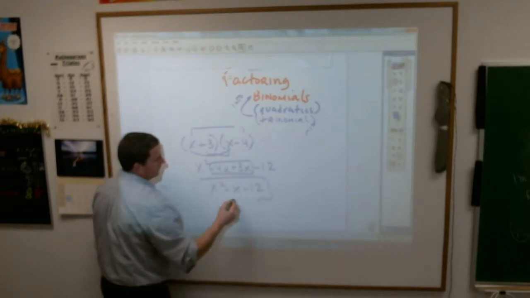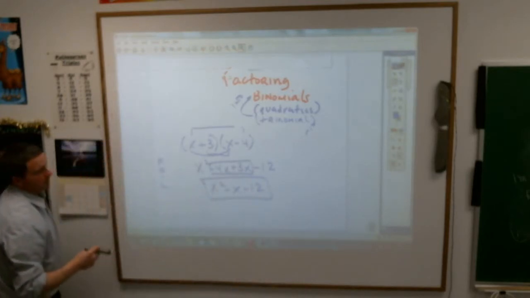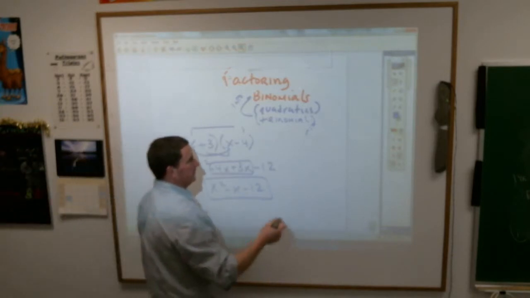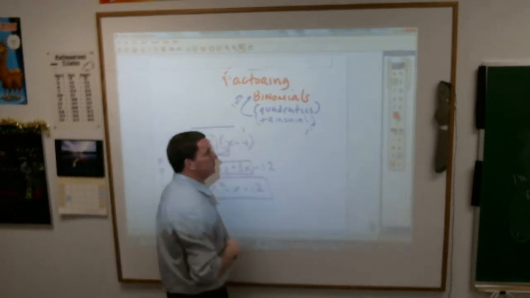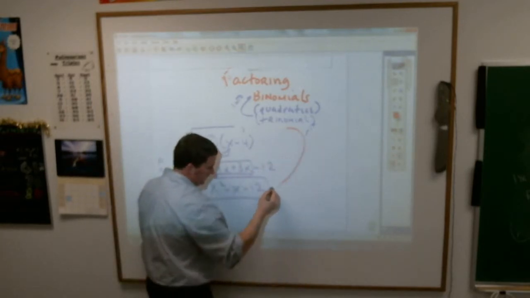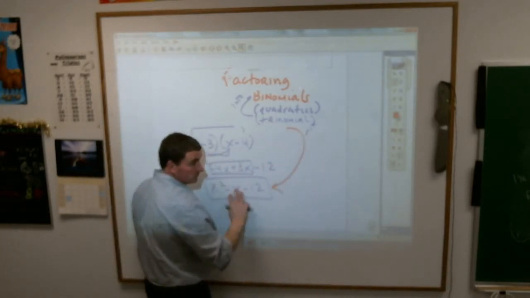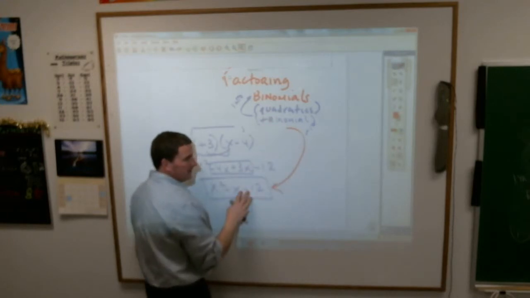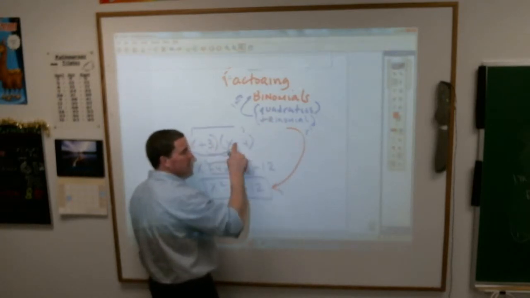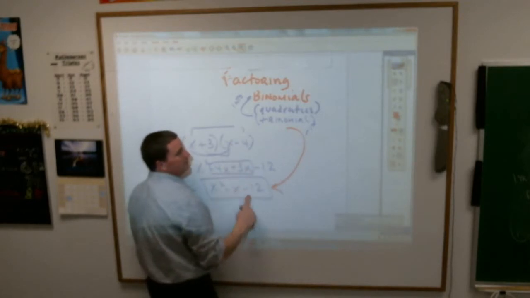This is not a startling revelation. We did this a lot before. Okay, that was just a review. Correct? Everybody? Because what we're doing for tomorrow is we're starting with this, which is the trinomial, the quadratic, and you have to think about what two binomials multiplied together give you that.